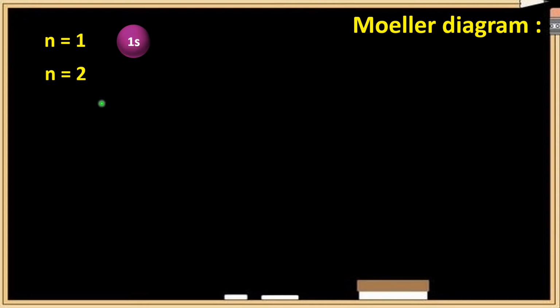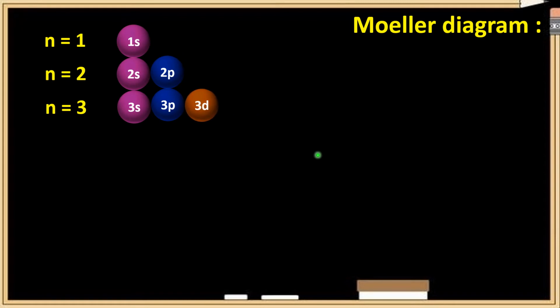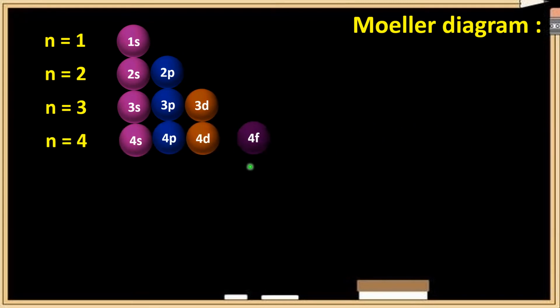N equal to 2, the second orbit contains 2 subshells, namely 2s and 2p. When n equal to 3, we have 3 subshells, 3s, 3p, 3d. N equal to 4, we have 4 subshells, 4s, 4p, 4d and 4f.